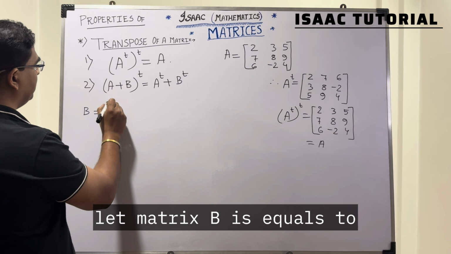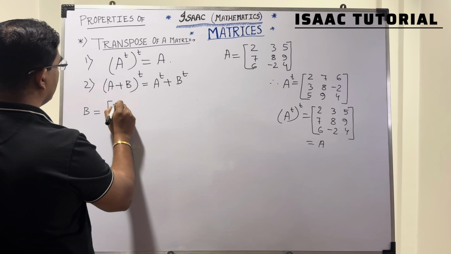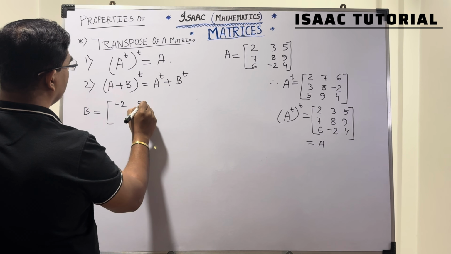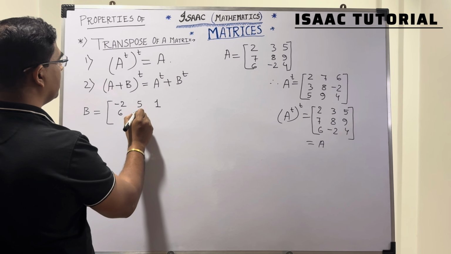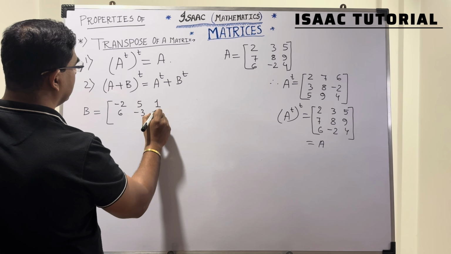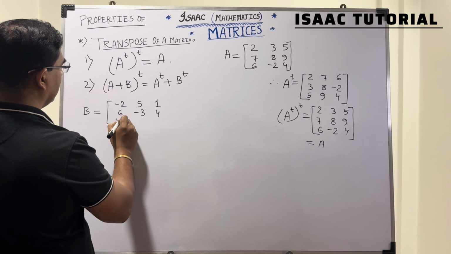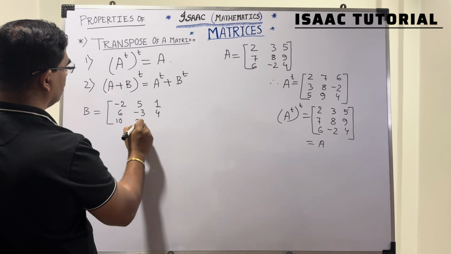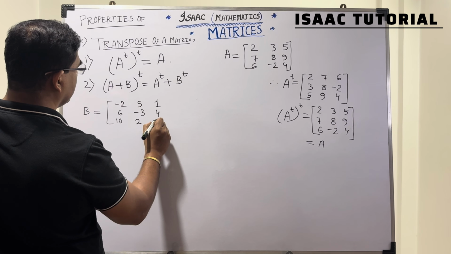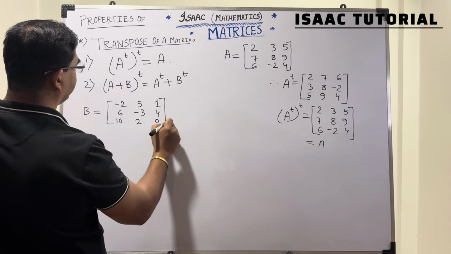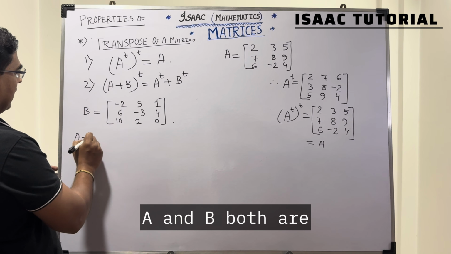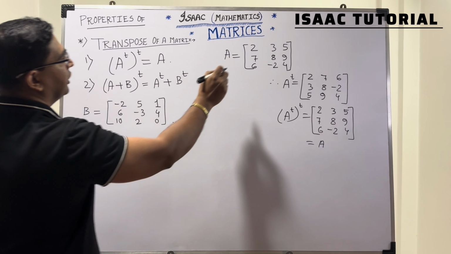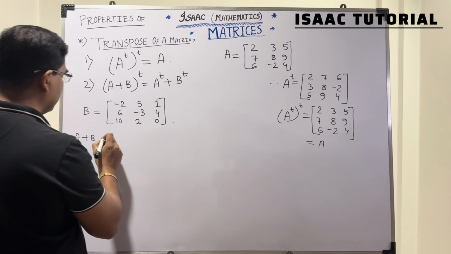Let matrix B be equal to minus 2, 5, 1, 6, minus 3, 4, 10, 2, 0. So, A and B both are square matrices of order 3.